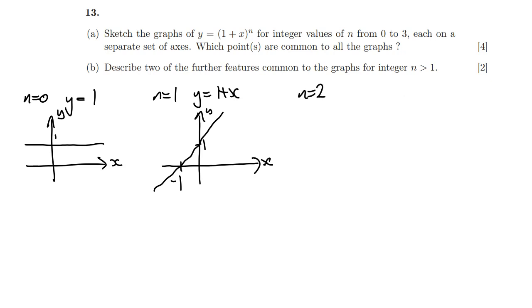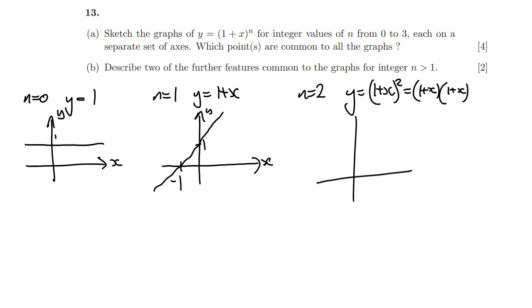Next, n equals 2, so that would be y equals 1 plus x squared. So we know that this will be a parabola, and we know that when x equals 0, y equals 1.